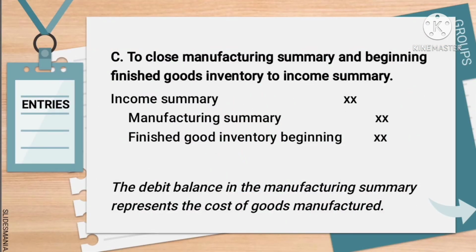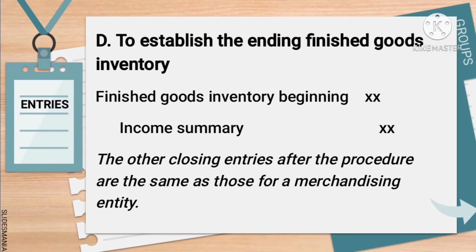Next is to close manufacturing summary and beginning finished good inventory to income summary. Debit, income summary, credit, manufacturing summary, finished good inventory beginning. Last is to establish the ending finished good inventory.